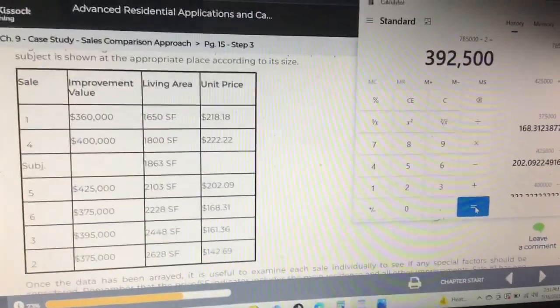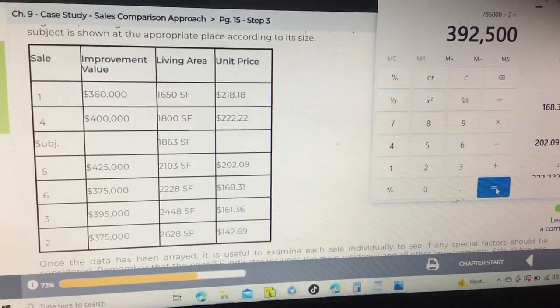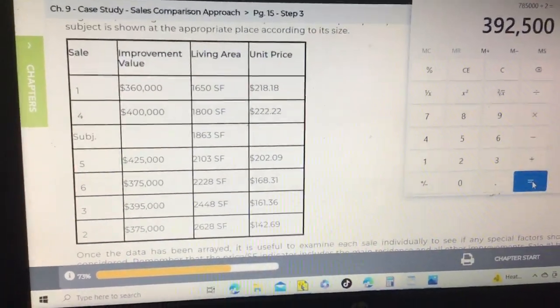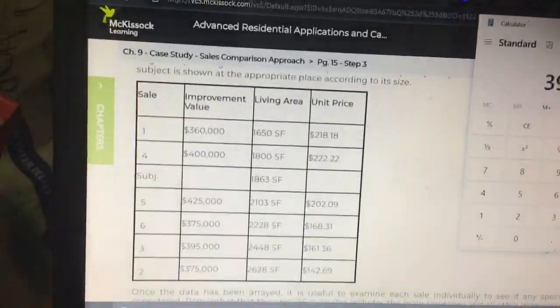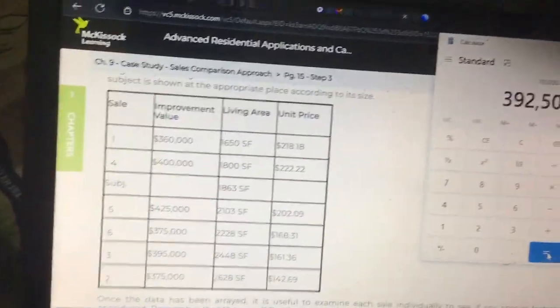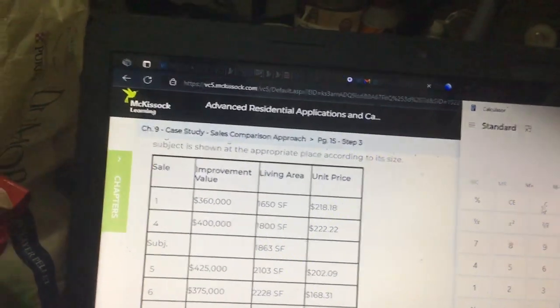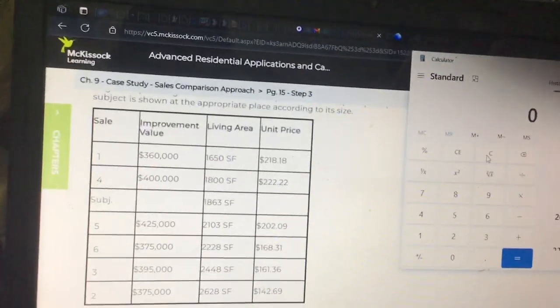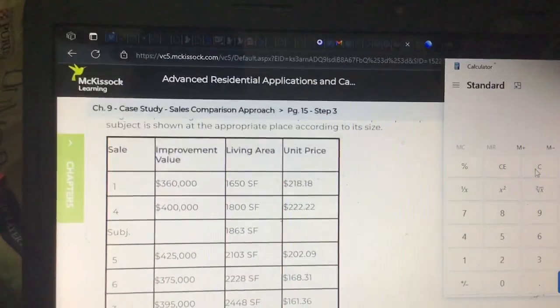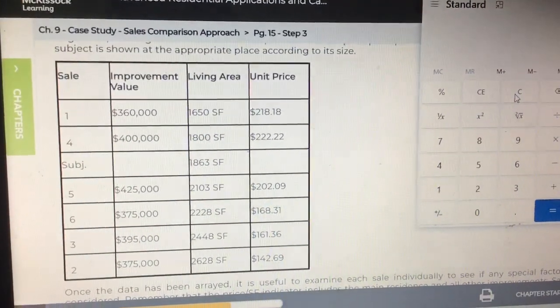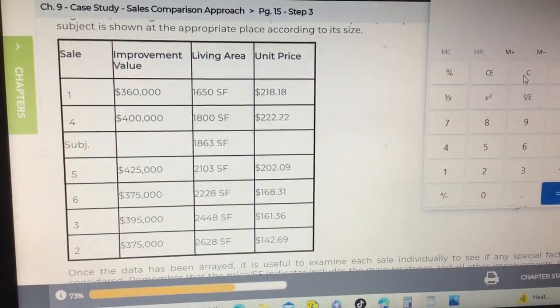Okay, now I'm going to look at the high and the low. As far as gross living area, 1650, 1800 are low, 1863 is high.